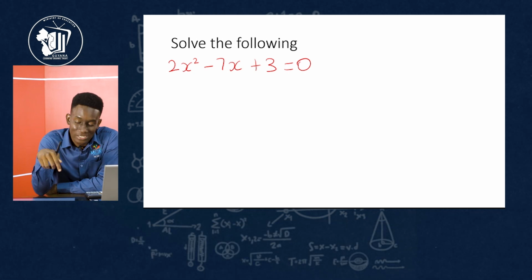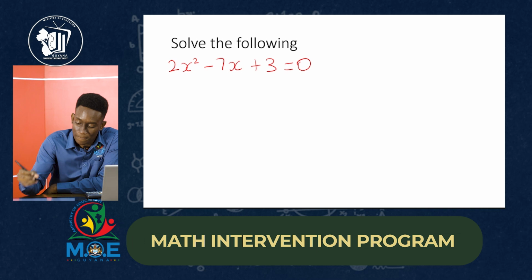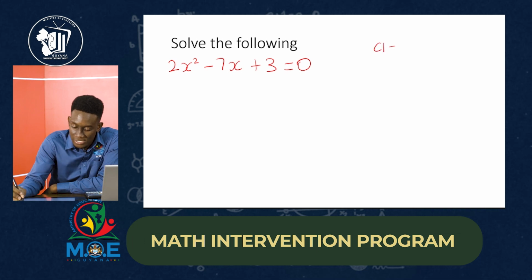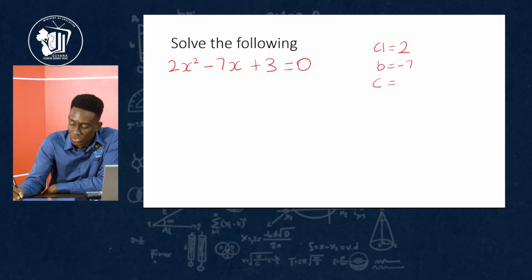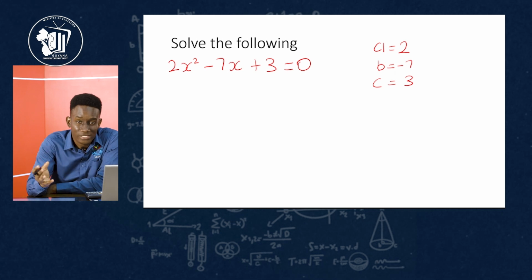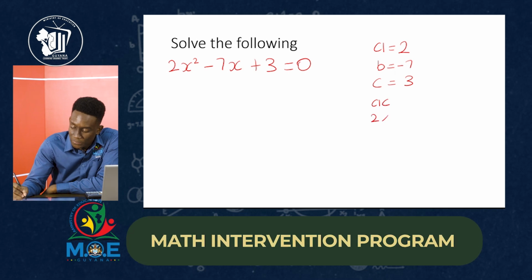First we identify the values of A, B, and C. A is equal to 2, B is equal to -7, and C is equal to 3. Now we find AC: 2 multiplied by 3 gives you 6.